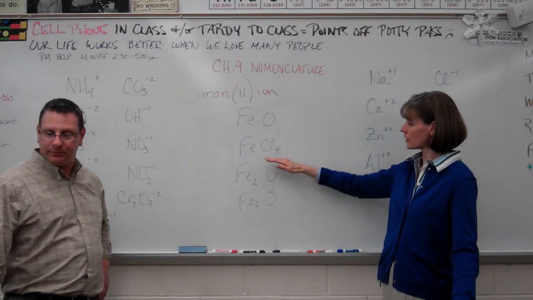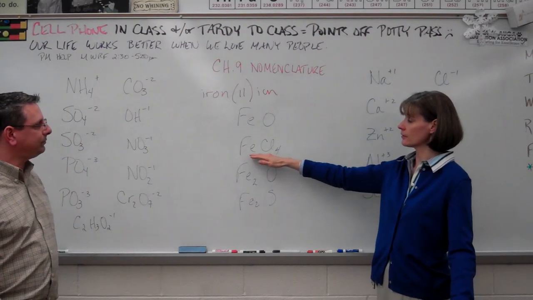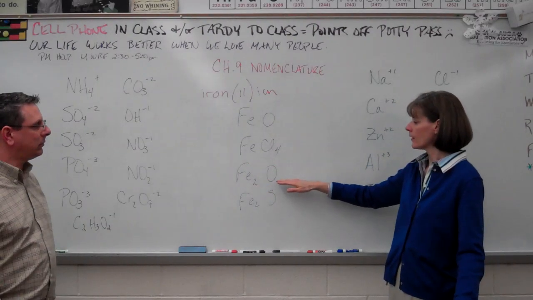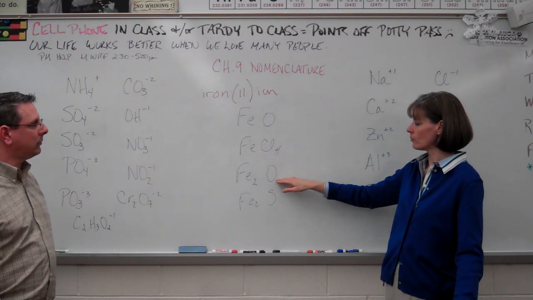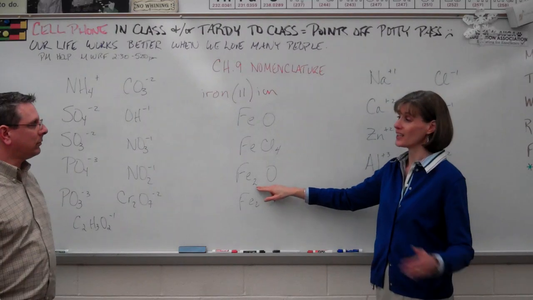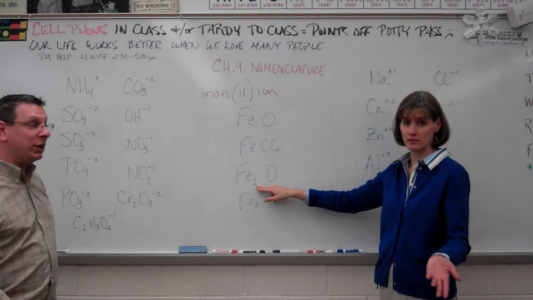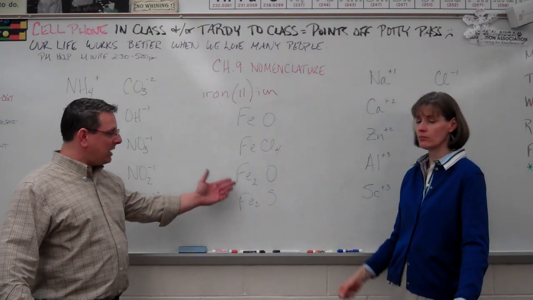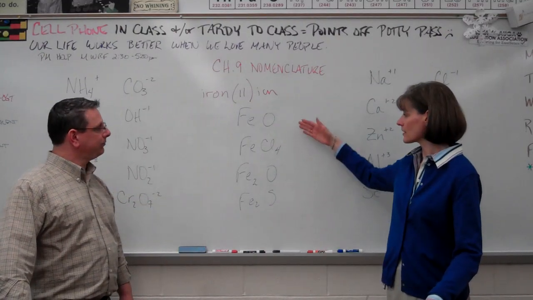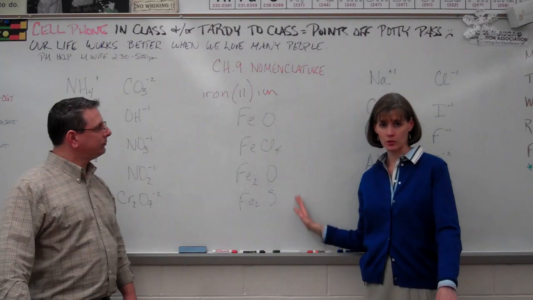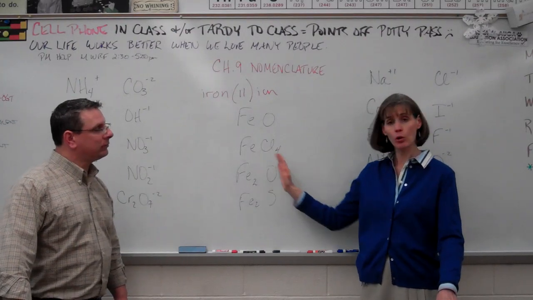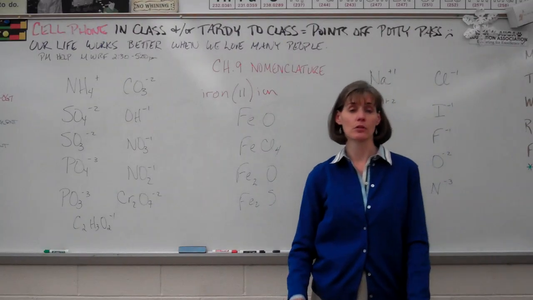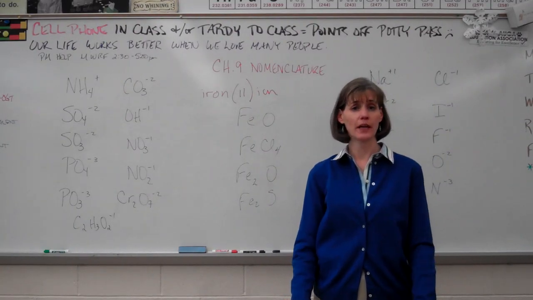Here, if we're attached to 4 chlorines, then iron supposedly is in the +4 oxidation state. That can't be right. Here, oxygen is -2, but 2 irons, so each of them must be +1, and then here, basically the same situation. So you have some examples of what incorrect answer choices would look like and how you go about figuring that out, as well as what a correct answer choice would look like. And it goes back to your redox.